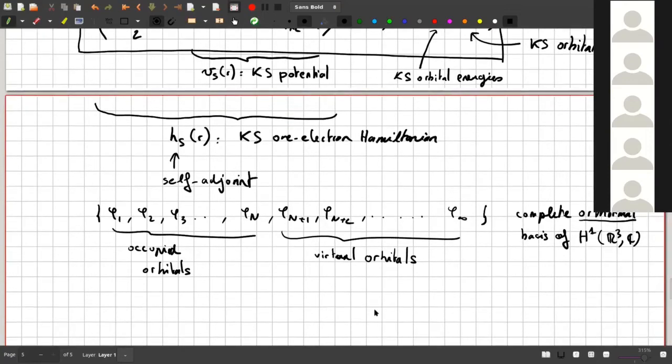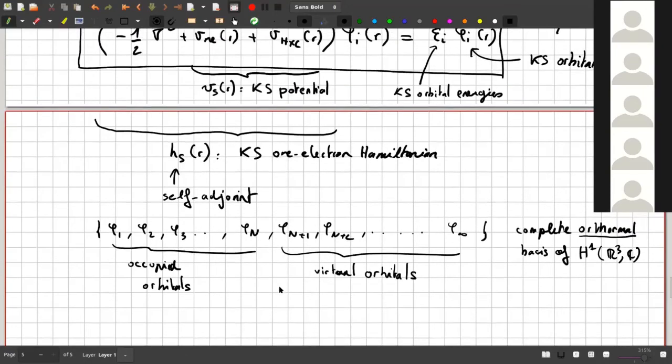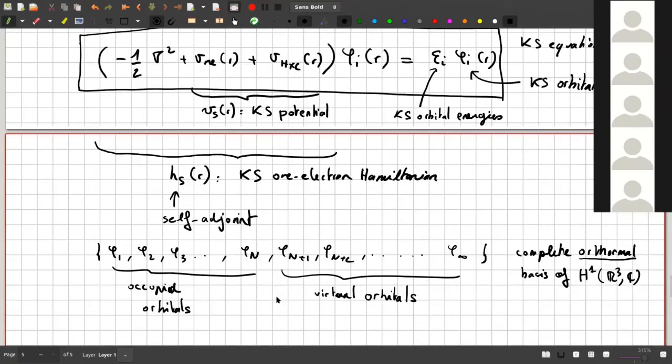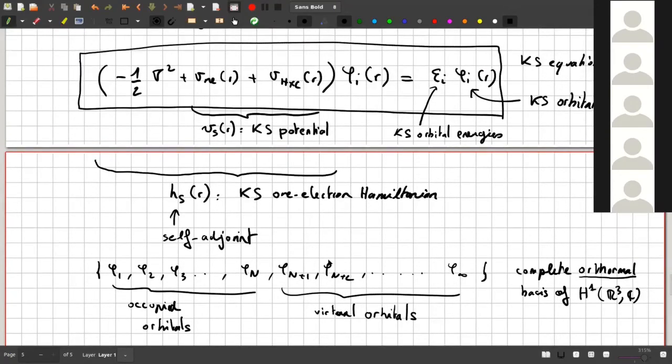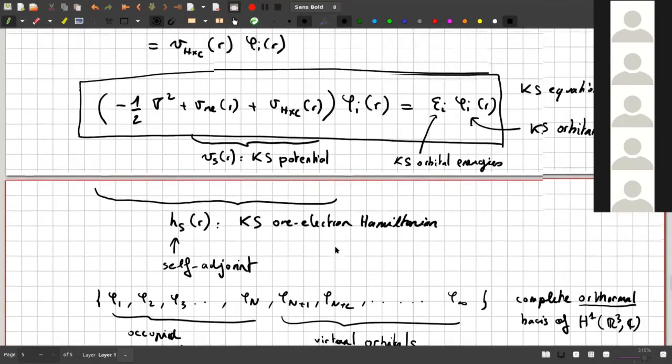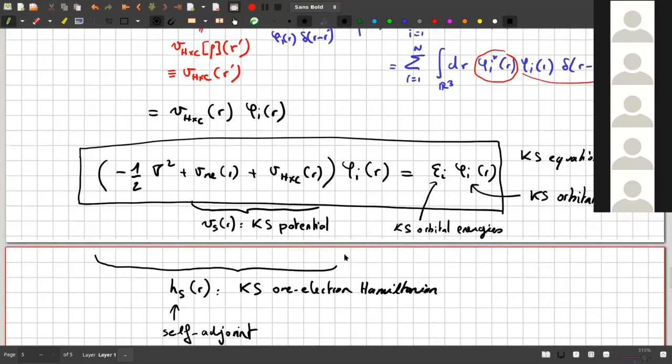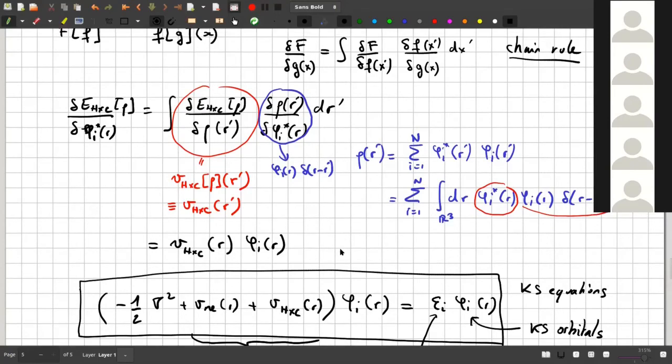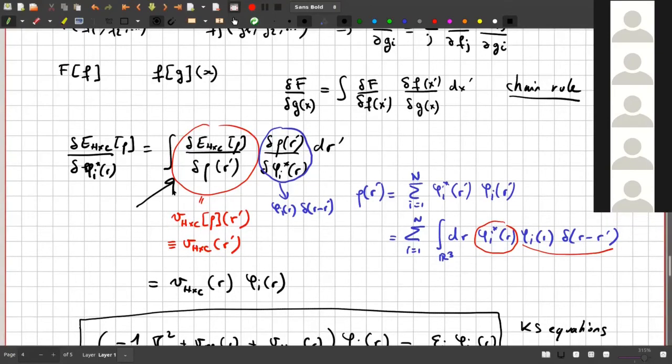Now let me say a few words about the V-representability conditions, since it was asked. The V-representability condition is connected with the fact that in this derivation, I have assumed at some point that this functional derivative with respect to rho exists. But this is an assumption.